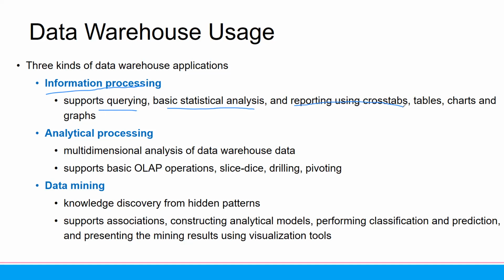We can report using cross tabs, tables, charts, and graphs. In analytical processing, multidimensional analysis of data warehouse data is necessary, along with basic OLAP like slice, dice, drilling, and pivoting. This is for analytical processing.